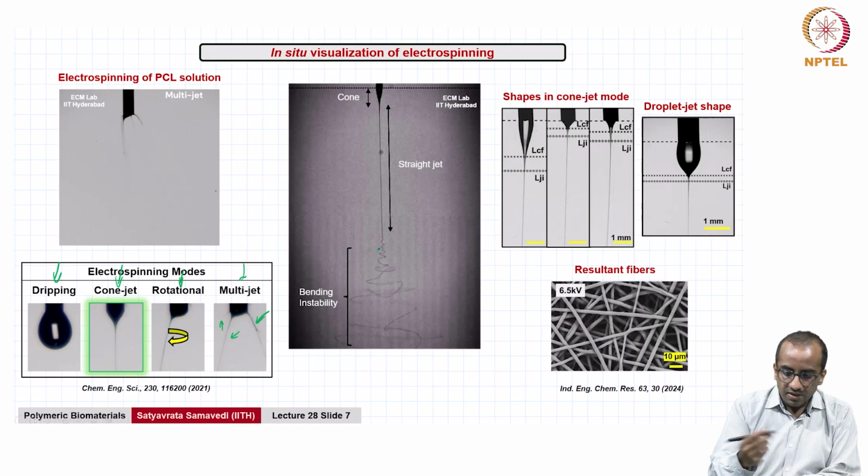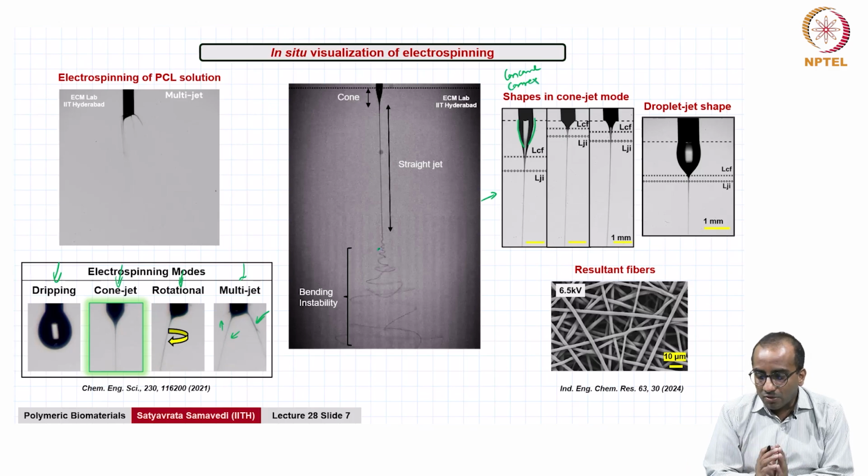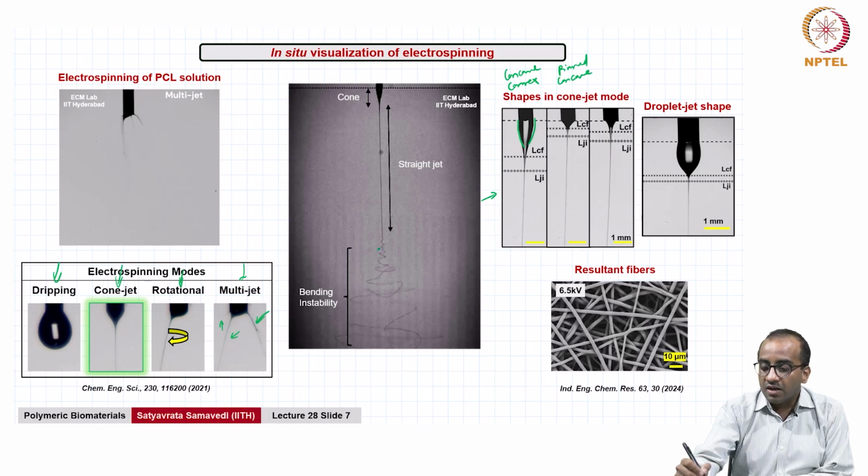And just as a case in point, shown here are cone shapes in the cone jet mode from different experiments. And what you see here is this work showed that, based on the curvature analysis, you can have a concave convex kind of cone, you can have a pinned concave kind of cone, you can have an unpinned concave kind of cone.